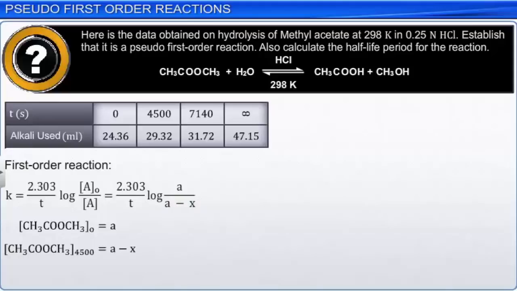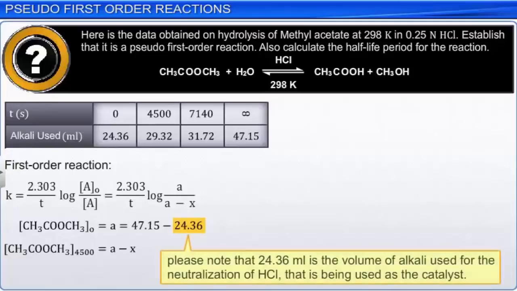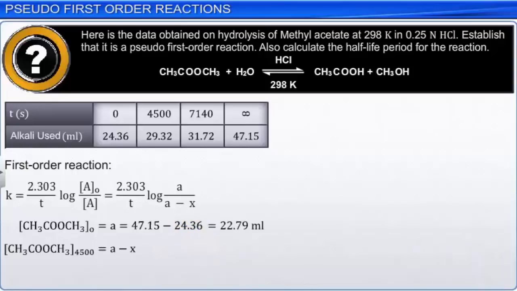The volume of alkali used for total change from t is equal to 0 to t is equal to infinity gives the initial concentration of the ester. Hence, the initial concentration of methyl acetate is 47.15 minus 24.36, which is equal to 22.79 milliliter.